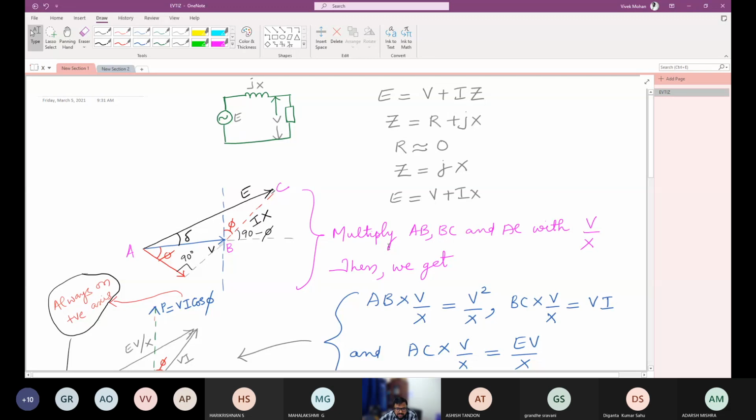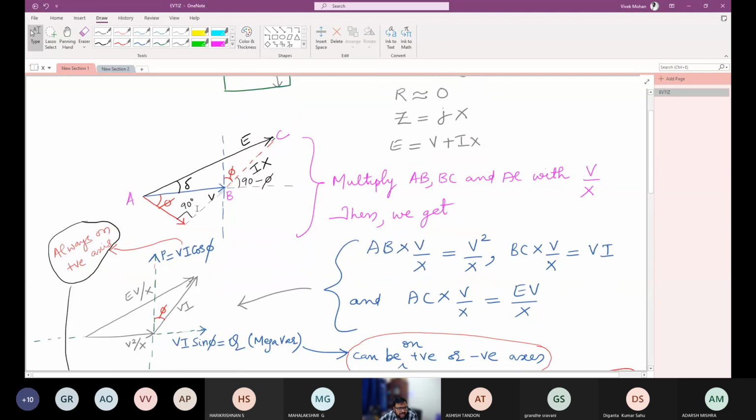Now let's go to the phasor diagram. You have the terminal voltage as V and the current as I. Now, according to the power factor, or according to the lagging or leading current that is drawn from the generator, the angle between terminal voltage V and current I is given as phi.